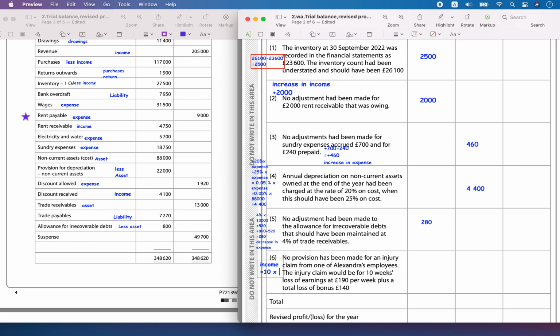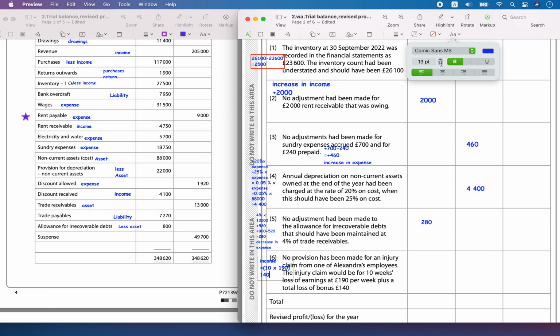He says that 10 weeks at 190, plus a bonus of 140.